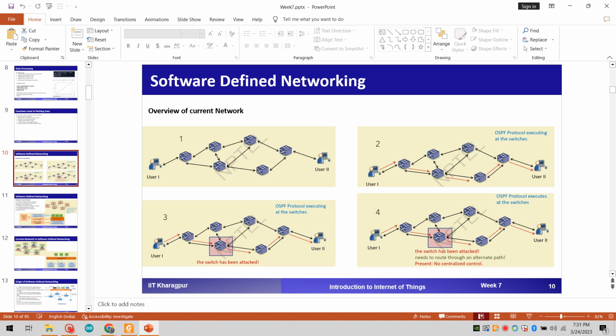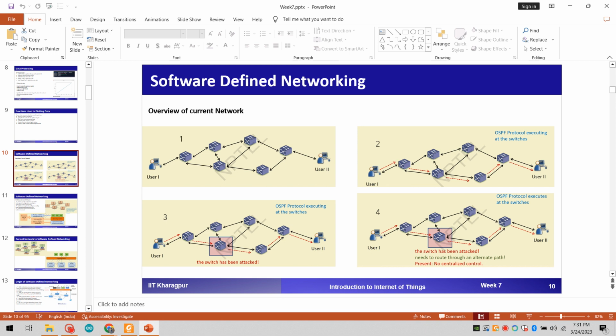Here in this figure, figure 1, OSPF can be used in order to transmit the data from user 1 to user 2, right? Or another protocol can be used, that is the RIP protocol or any other protocol. So this will decide what the flow will be and which path will be followed.